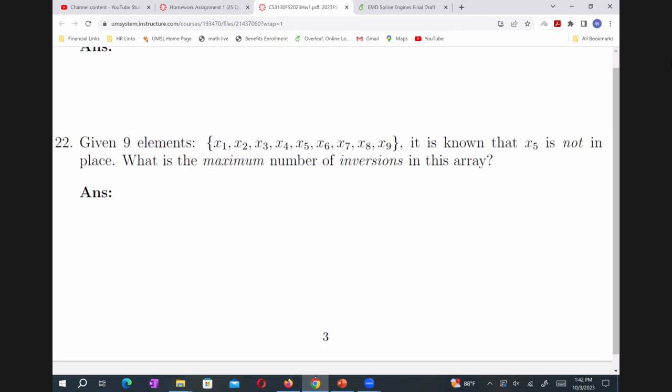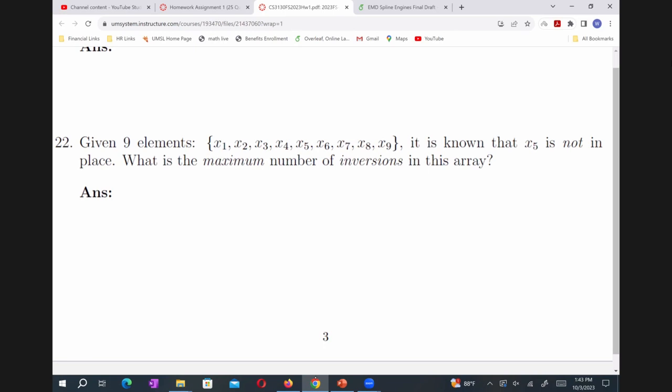That means this maximum number cannot be our final answer, because this corresponds to the in place case. So in order to get our final answer, we need to make X5 not in place. So the last step, you need to make X5 not in place.